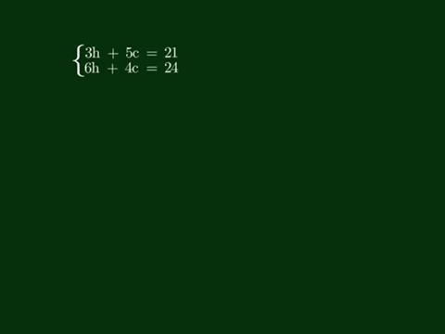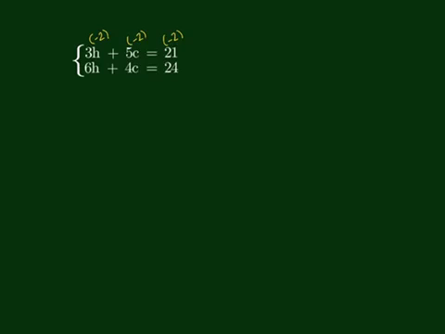So to start solving, I've just copied the equations over here that we just wrote. And if you'll notice, both of these are in standard form and we have no coefficient of 1. So we're going to want to go ahead and use elimination. So I'm just going to make my h's the same because I just need to make the top one a -6. So I'm going to go through and multiply everything here by a -2.